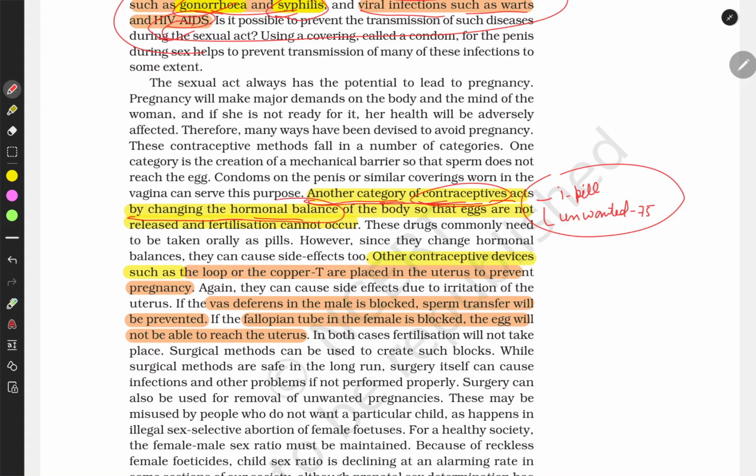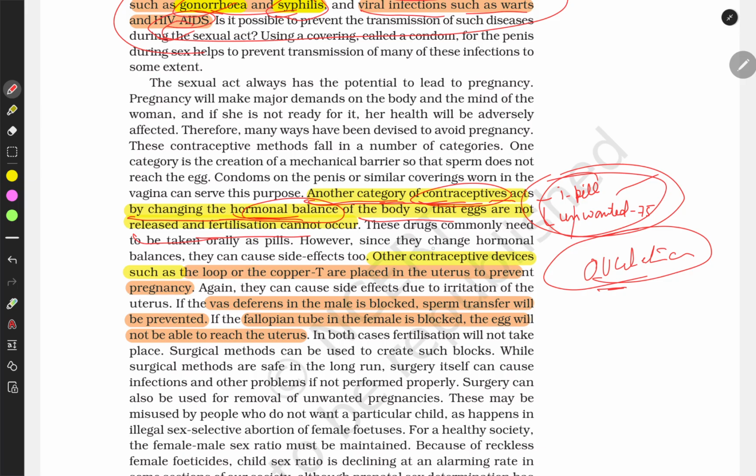They change the hormonal balance of the body so that eggs are not released and fertilization does not occur. Commonly in the market we have pills like I-Pill and Unwanted 72. They change hormonal balance, so they avoid ovulation in females only.